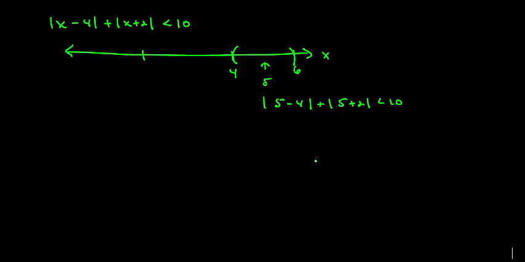Let's check to make sure that that's less than 10. So this is the absolute value of 1. This is the absolute value of 7. And this is 1 plus 7, and that's clearly less than 10. So 5 works. In fact, you should pause the video and try another number on this range and see if it works. I guarantee you it will.